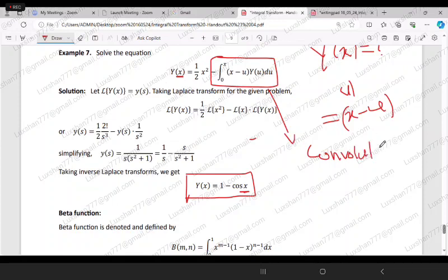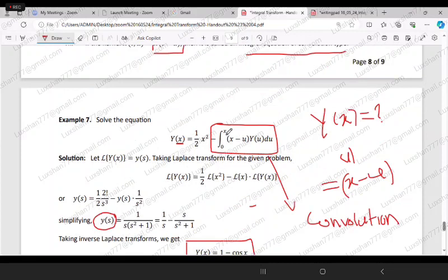Then you can apply the convolution theorem and easily write the Laplace transform of this part. And you can do like earlier: make Y(s) the subject, solve this algebraic equation for Y(s), and then take the inverse Laplace transform, and you can easily find the solution.